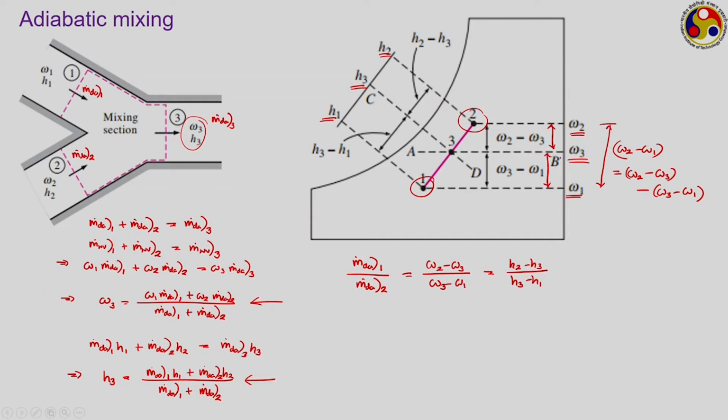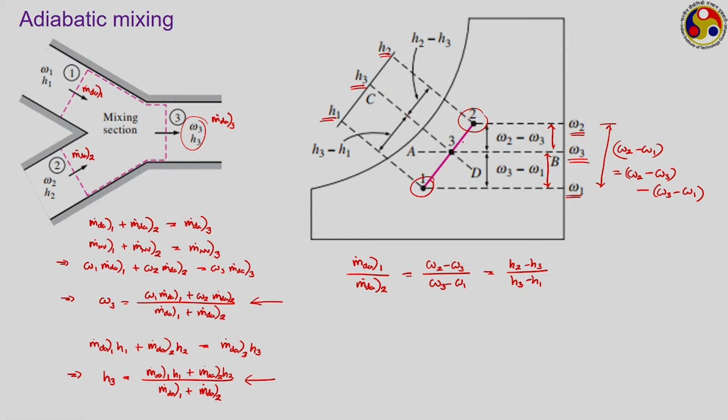Depending on the ratio of the mass flow rates for these streams, there is only one possible value of omega 3, and therefore the final point 3 should lie along the dotted line corresponding to this omega 3. But the enthalpy ratio also has to be maintained, and therefore point 3 should also lie on the dotted line corresponding to H 3.